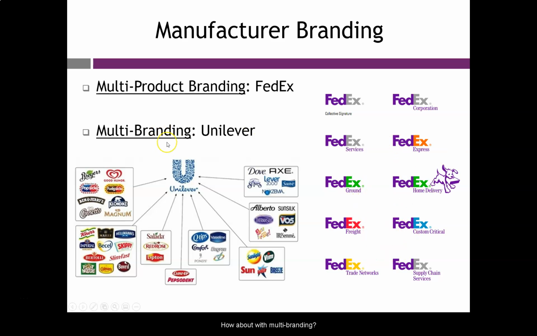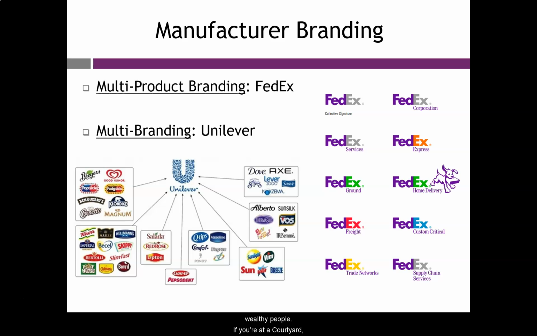How about with multi-branding? Why would you do that, or why wouldn't you? Well, there's a few reasons why you would, and the most obvious is you can segment into different target markets because there's different names. Not only with Unilever, let's think of Marriott as an example. Marriott has 30 brands, and if you're at the Ritz or the W or the St. Regis, you're going to target more wealthy people.